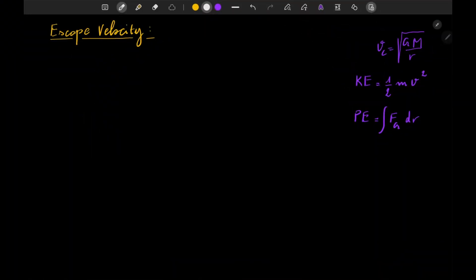In general, the total energy of the Earth is the kinetic energy plus the potential energy. The kinetic energy is 1 over 2 m v squared, and for a conservative force like gravity, the potential energy is just the integral of the force of gravity with respect to distance.